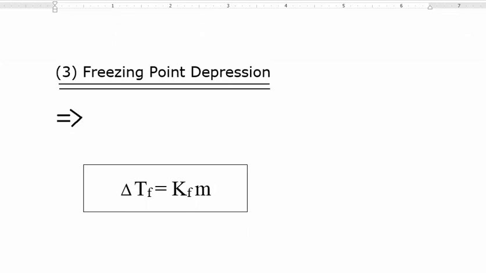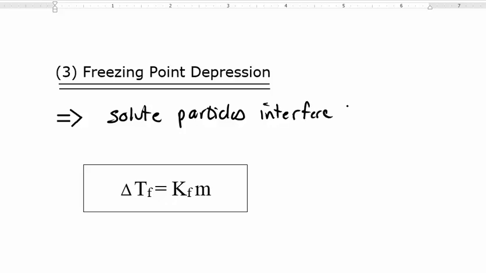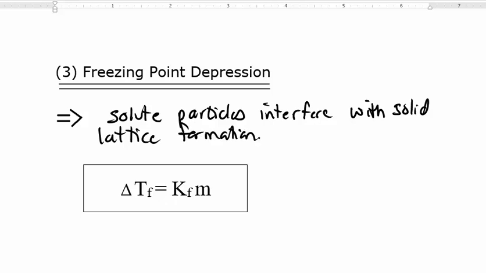Freezing point depression, we can rationalize because solute particles interfere with solid lattice formation. When you freeze something, you form a solid lattice, and since solute particles interfere with it, you must be colder in order to make that solid.